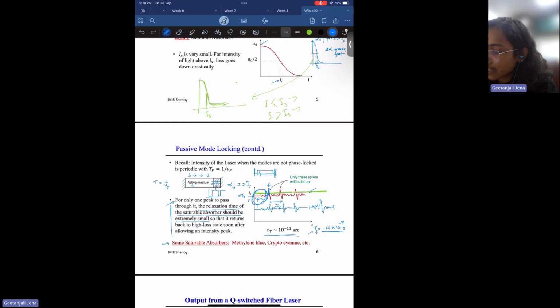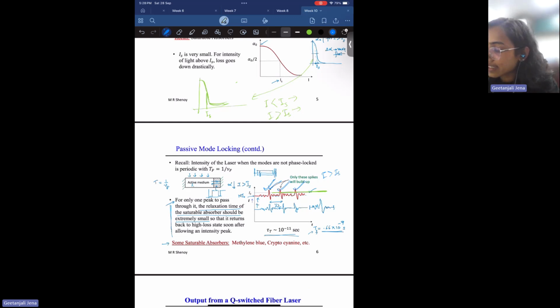So in this way, what will happen? As the intensity is varying in a periodic manner, only where the intensity I is greater than I_S will it pass through this saturable absorber, and we'll see a laser output on the right side.